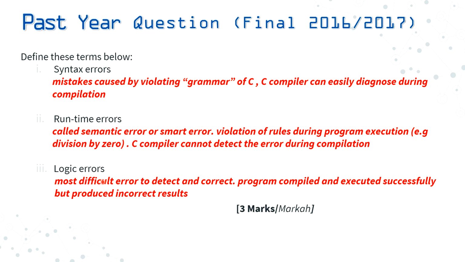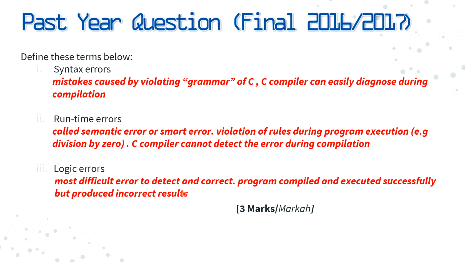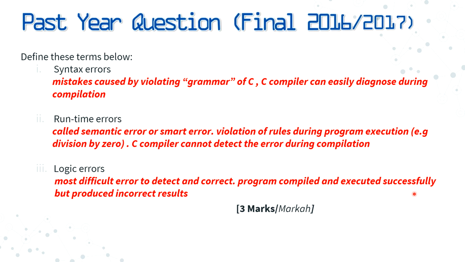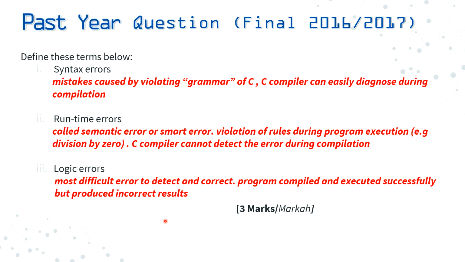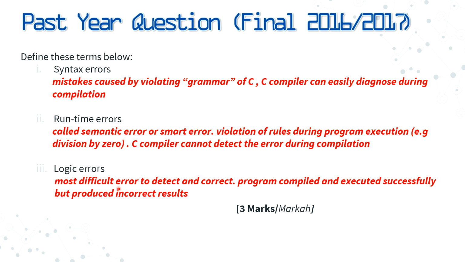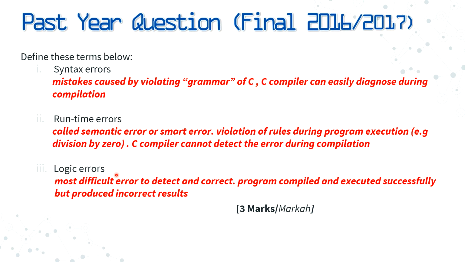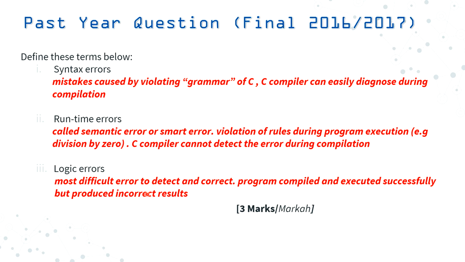For logic errors, this is the most difficult error to detect and correct. The program compiled and executed successfully, but produced incorrect results. So basically, if you are facing logic errors, you need to check the code line by line, because the incorrect result is the result of the incorrect logic of your coding.